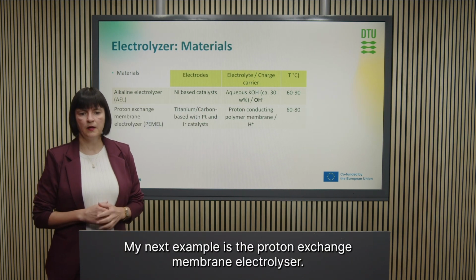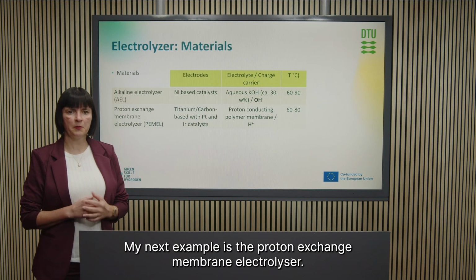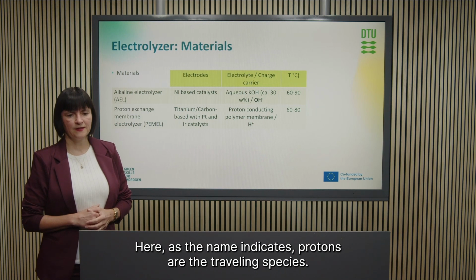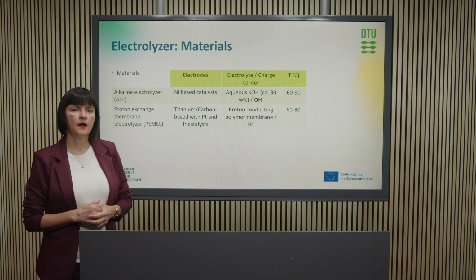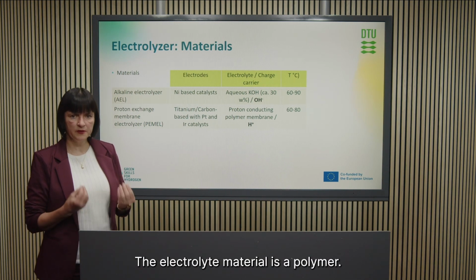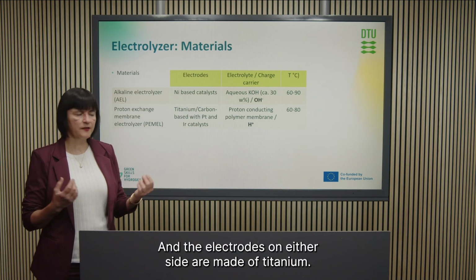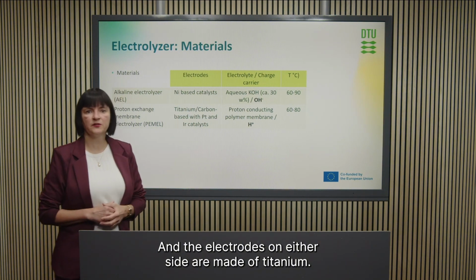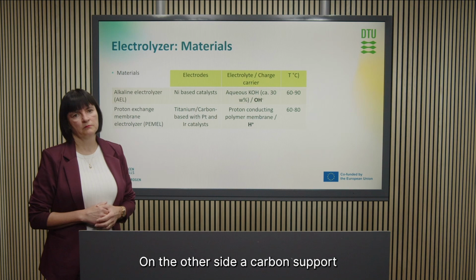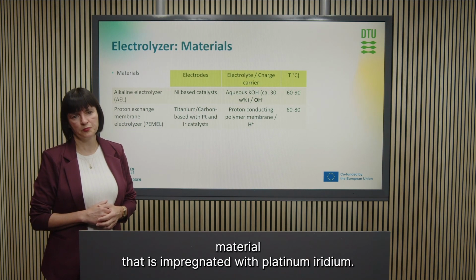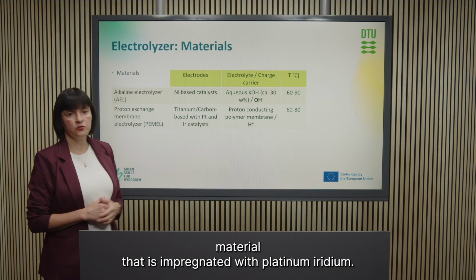My next example is the proton exchange membrane electrolyzer. Here, as the name indicates, protons are the traveling species. The electrolyte material is a polymer, and the electrodes on either side are made of titanium, or on the other side on a carbon support material that is impregnated with platinum iridium.